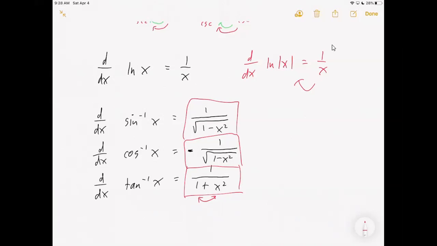All I need to do to go up from the tangent, if I start with an inverse tangent, I can add a square root over the denominator and change the plus to a minus. And then to go from inverse sine to inverse cosine, I just add an extra negative and I can use those. Okay, so that's the memory list for differentiation.